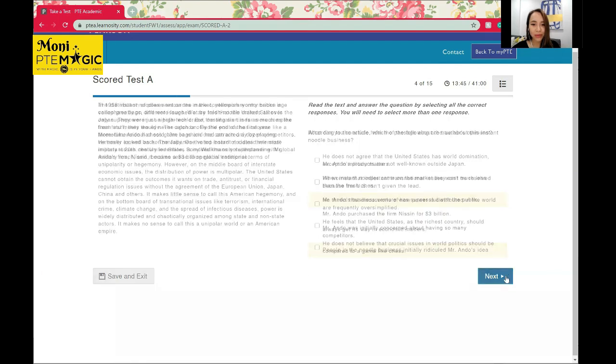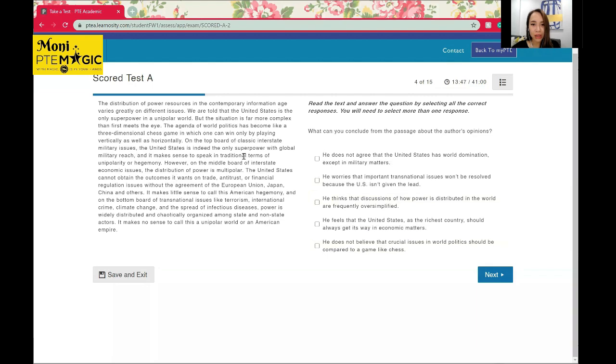Okay, next one. Next one is a bit longer text. So it will take a bit of time, but remember, multiple choice questions are not your priority. Your priorities are the other tasks, fill in the blanks and reorder paragraphs. Ideally in the exam, I'm explaining everything to you, which is why it takes a bit longer.